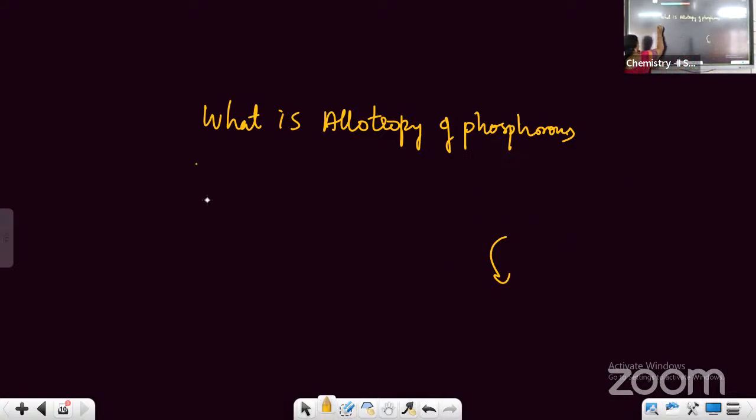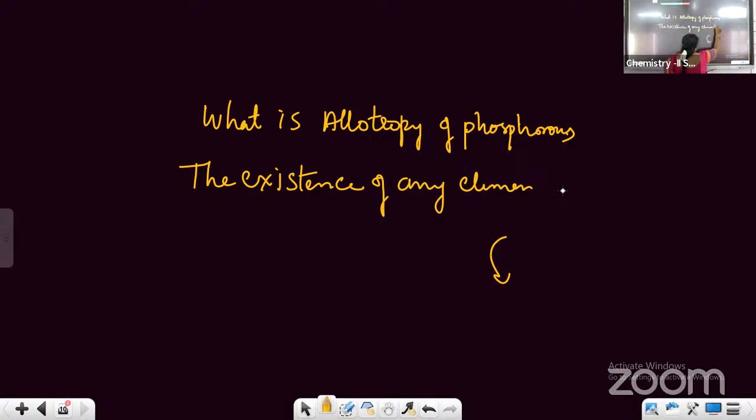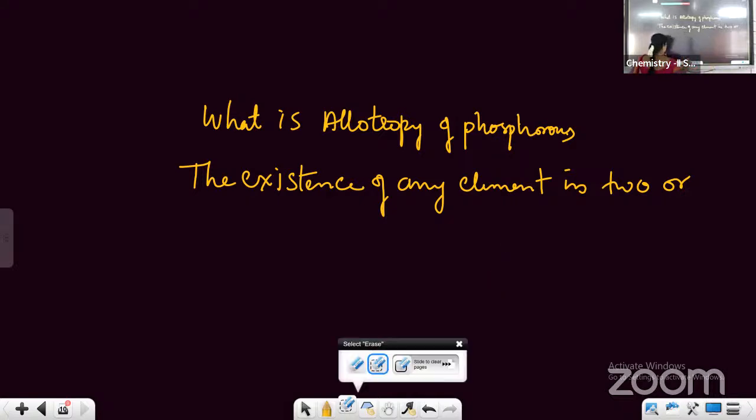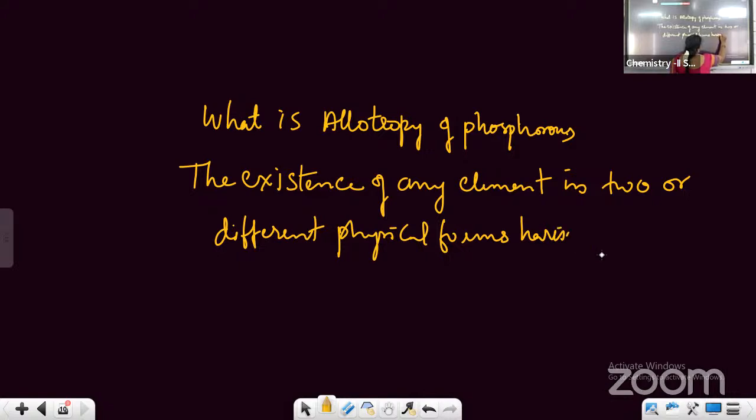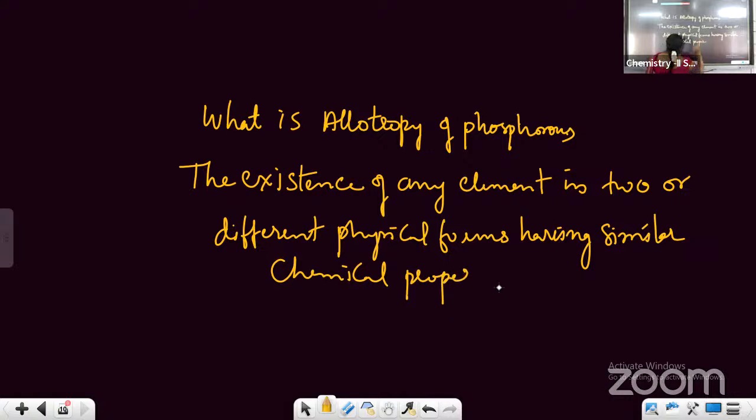The next, important, students: the existence of any element in two or more different physical forms having similar chemical properties is called allotropy.